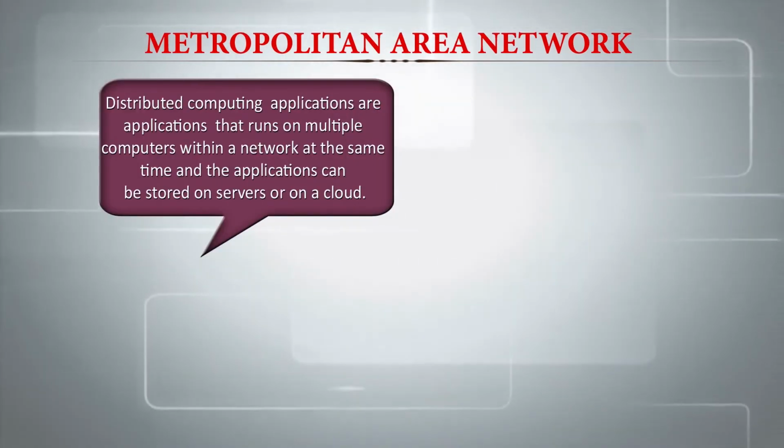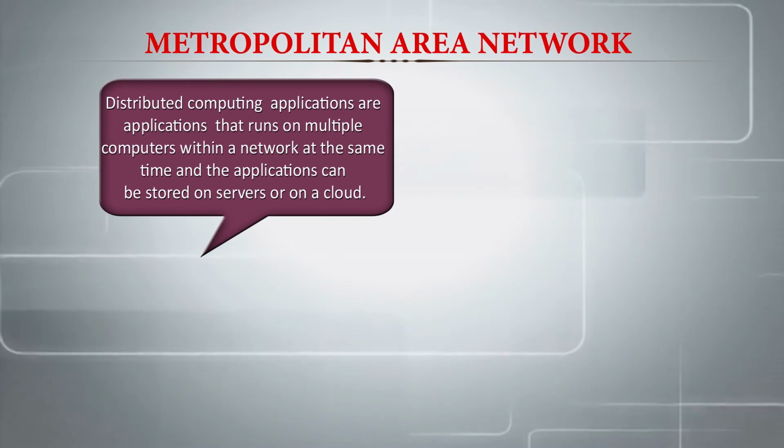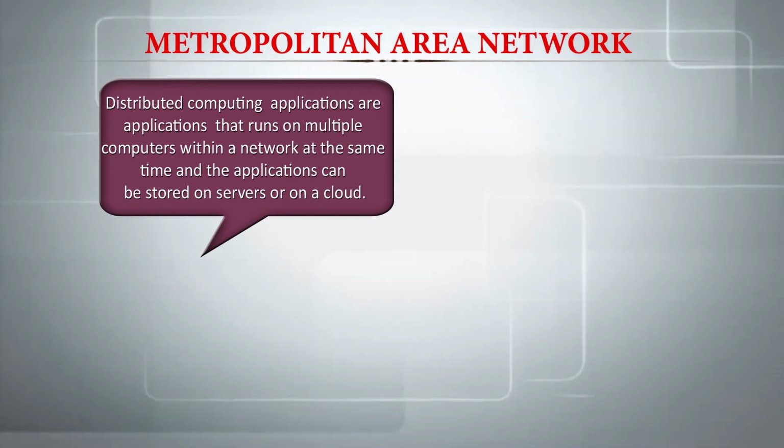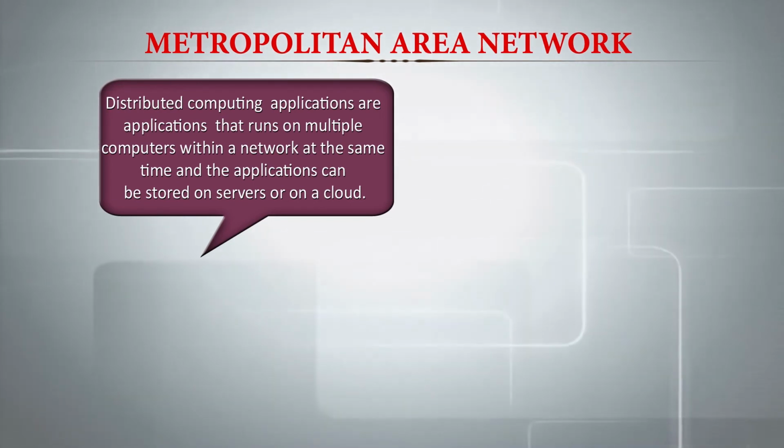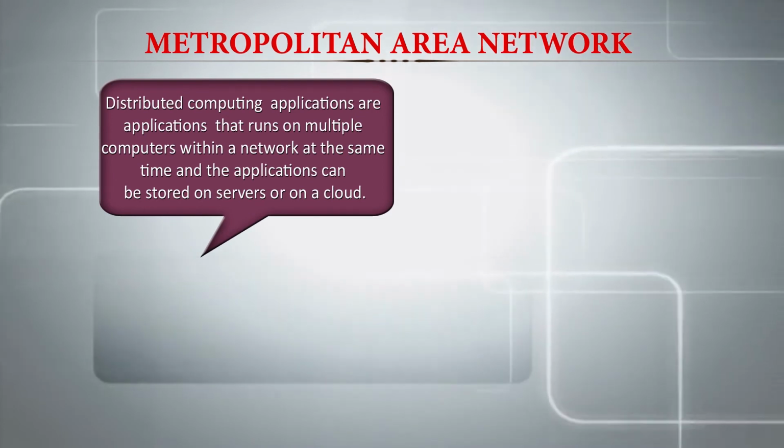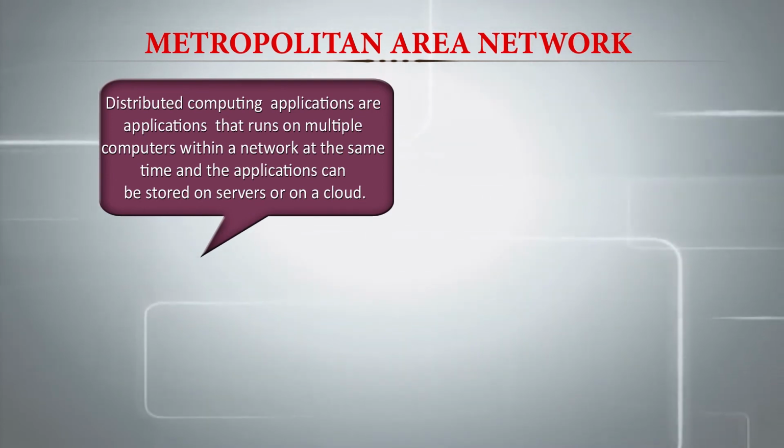What is a distributed computing application, which is one of the important functionalities of a metropolitan area network? Distributed computing applications are applications that run on multiple computers within a network at the same time. An application can be stored on a server or on a cloud.